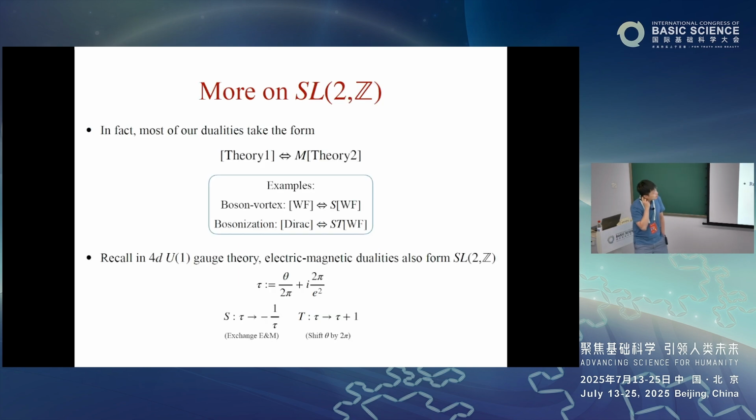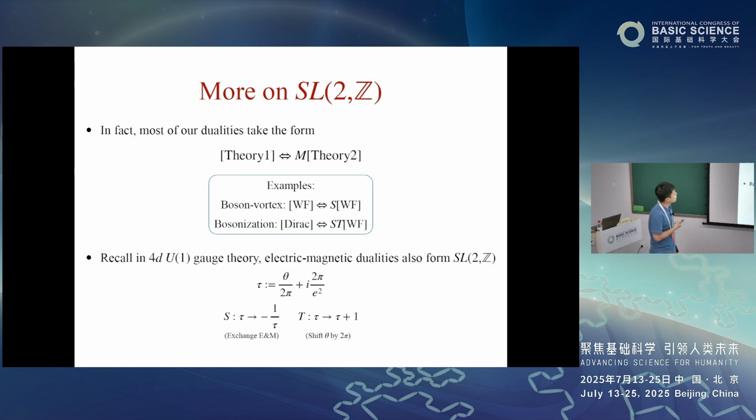So a little bit more remark on SL2Z. In fact, not only do you generate more dualities, the duality itself can be formulated as some statement about SL2Z. Typically, all these dualities, at some abstract level, are saying that theory 1 is dual to theory 2 after some SL2Z operations.